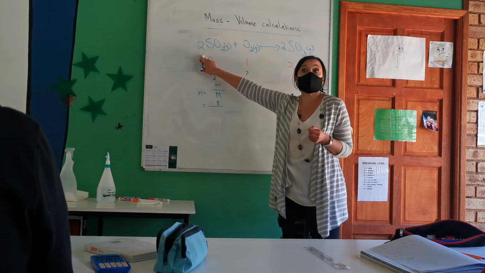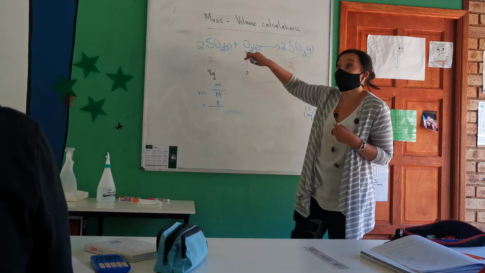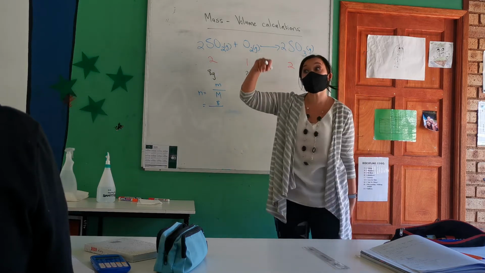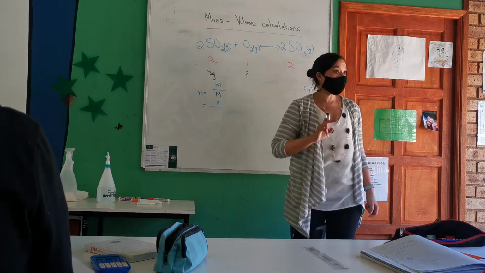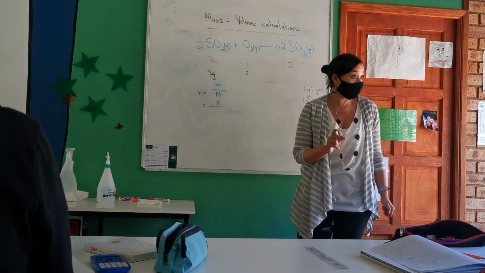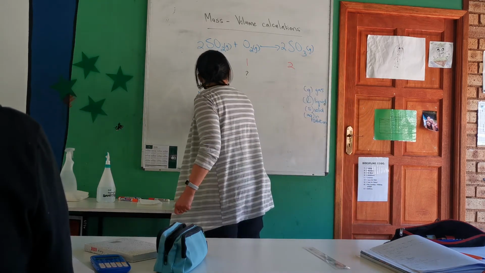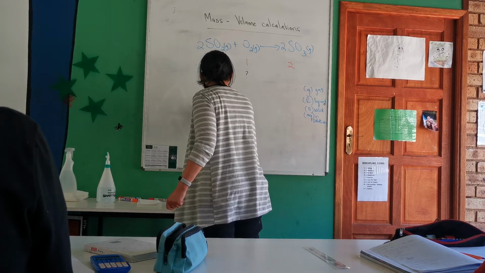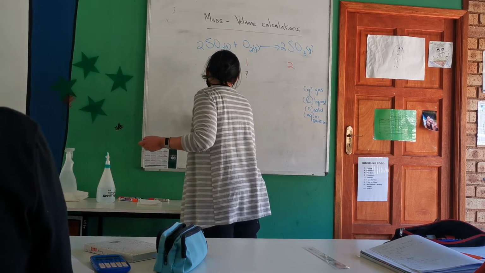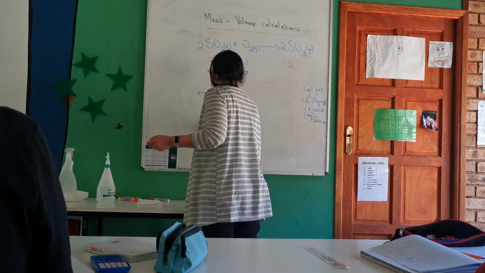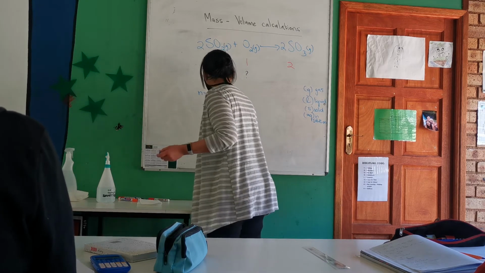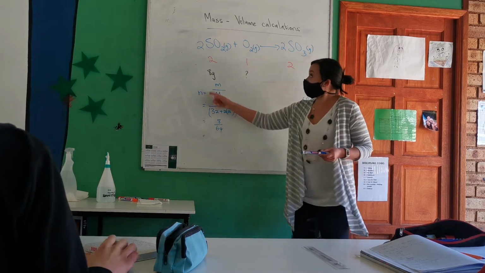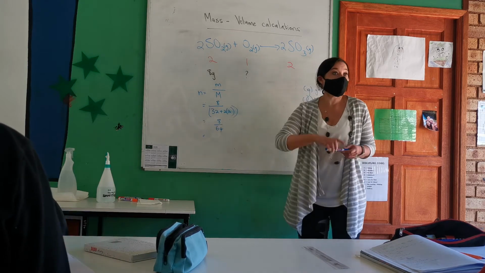No, because the 2 in the front relates to the ratio. We use it when we deal with the ratio, not when we calculate the molar mass. So I have sulfur, which is 32, plus 2 times 16. So it's 32 plus 32, which gives me 64. So it's 8 divided by 64. Somebody check my maths and my numbers, please.